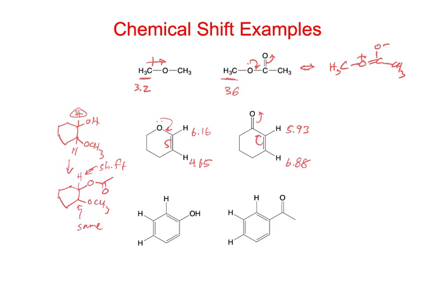Similar things in benzene type of systems. If we have a phenol like this, it can donate electrons into the ring. So this can build up higher electron density at the ortho and the para positions. And so the ortho and the para are more upfield. They're more shielded than the meta position.